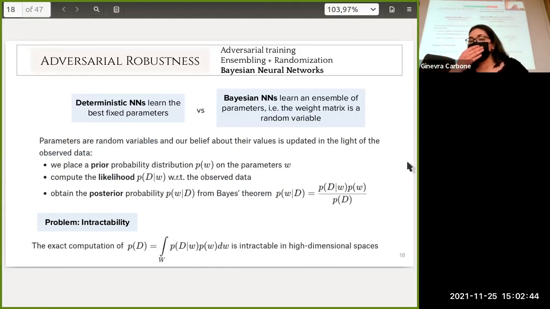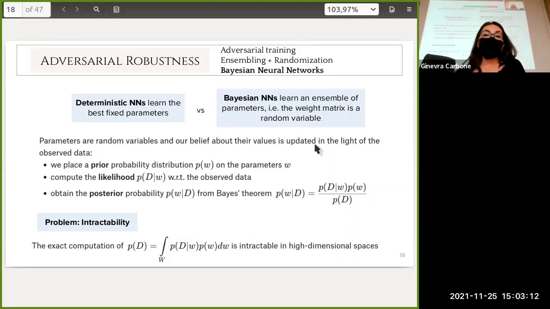First of all, we start from a prior distribution, which is placed on each one of the parameters. And then we use Bayes' theorem to update our belief about the value of these parameters by computing the likelihood function. So we compute the likelihood of W with respect to the observed data. And finally, thanks to Bayes' theorem, we obtain a posterior probability distribution.